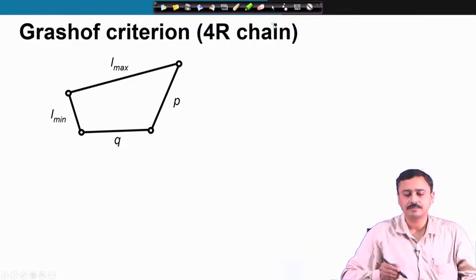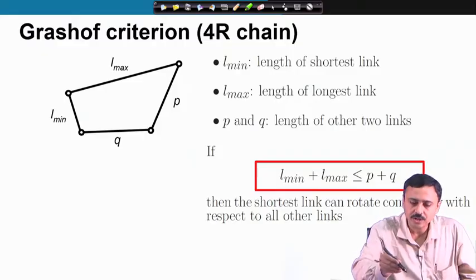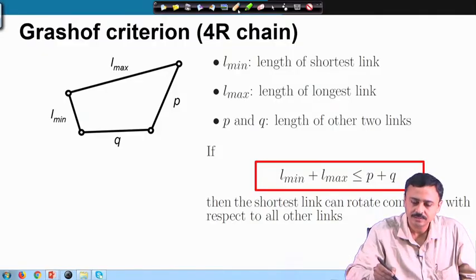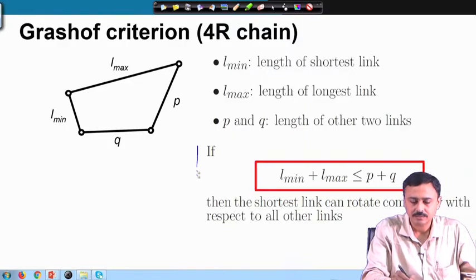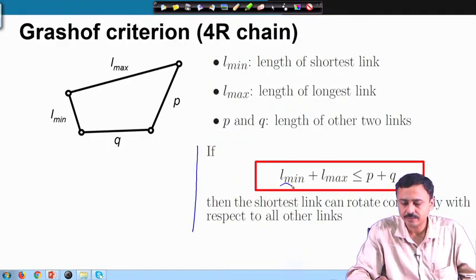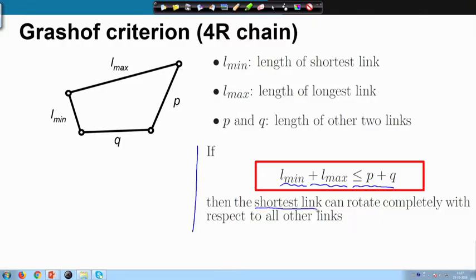Given this, the Grashof criterion tells us that if L min plus L max is less than or equal to P plus Q, then the shortest link can rotate completely with respect to all other links.